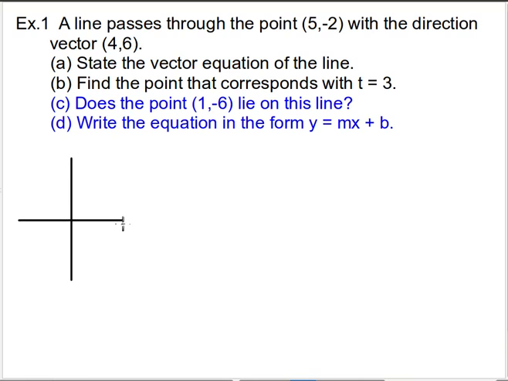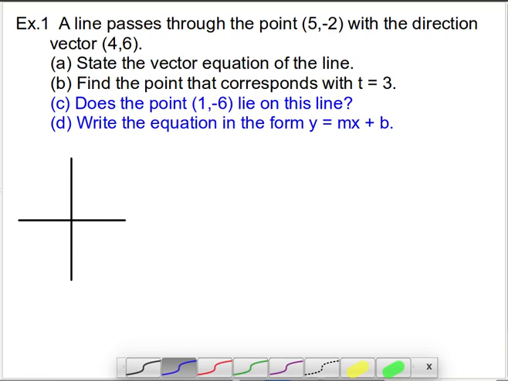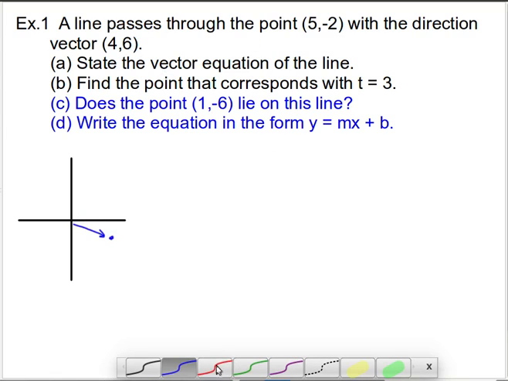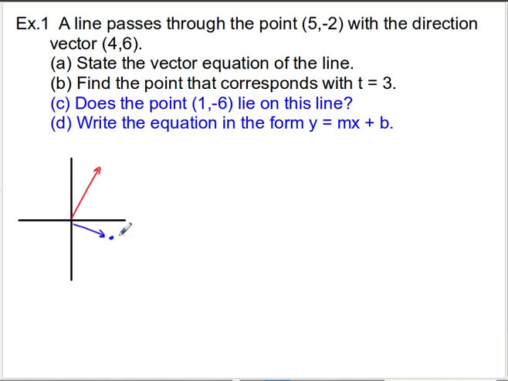Nothing too detailed, but the point (5, -2), so there's my starting point, which means my starting vector looks like that. My direction vector is (4, 6), so my direction vector looks something like that.